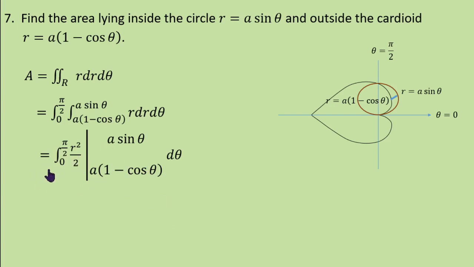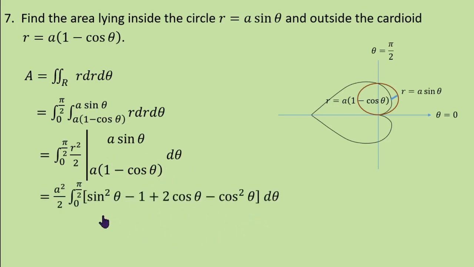A square by 2 into sin square theta minus 1 minus cos theta whole square. So 1 square minus 2 cos theta plus cos square theta with minus sign. So sin square theta minus 1 plus 2 cos theta minus cos square theta.